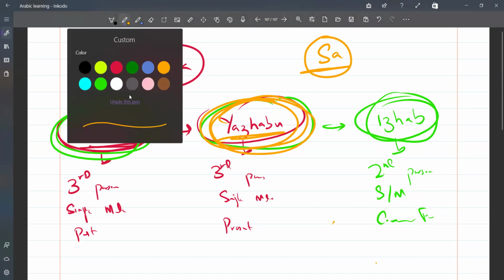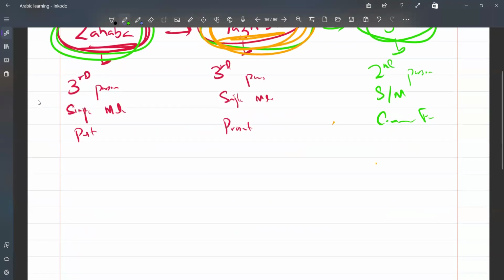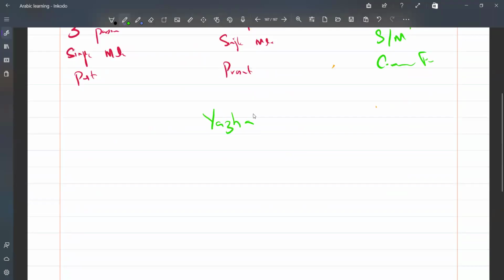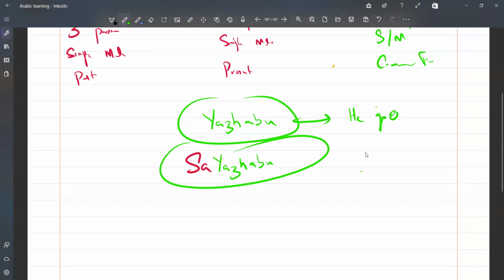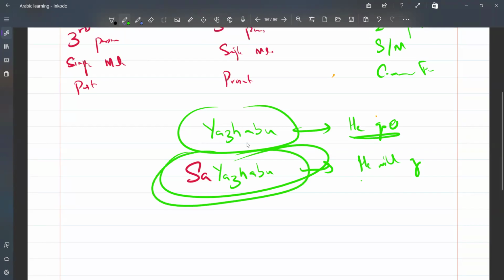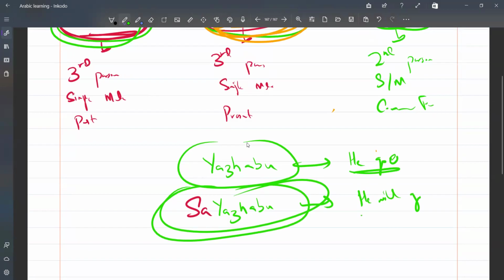That's all. For example, yadhhabu means he goes, and sayadhhabu means he will go. This is how you convert the present tense into the future tense. That's all.